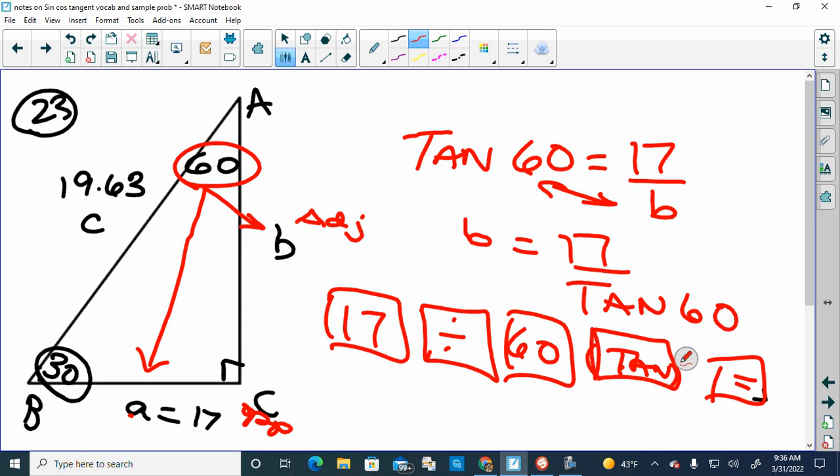There we go. Okay. So 9.81 should be what your answer is for that. Oh, you have to put, because in the parentheses has to go the angle. So 17 divided by, there you go. Anybody else? Okay, so we're done with that one.